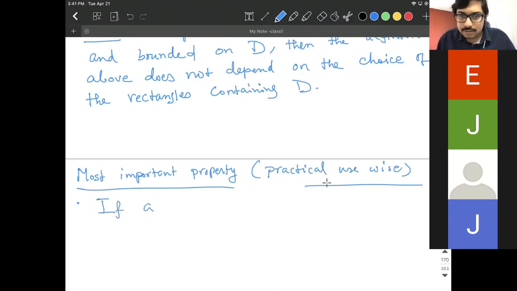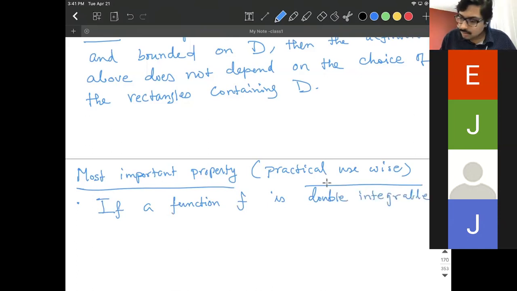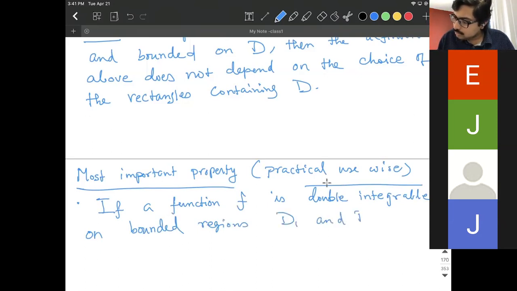So if a function is double integrable on bounded regions D1 and D2. Okay, so you have two regions, D1 and D2.